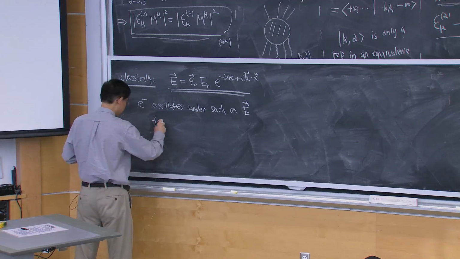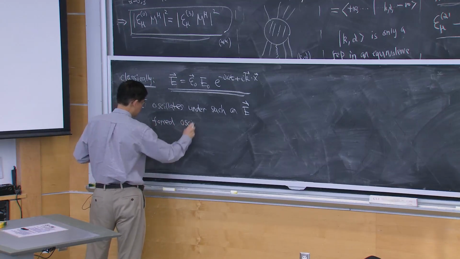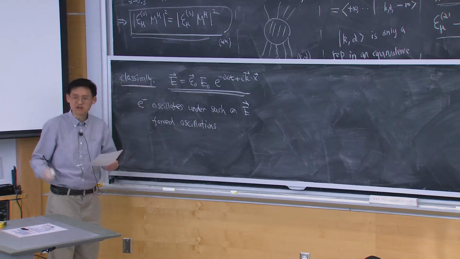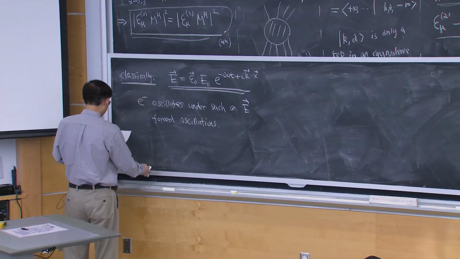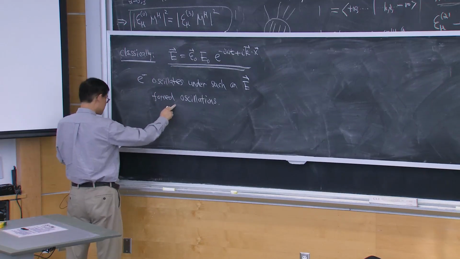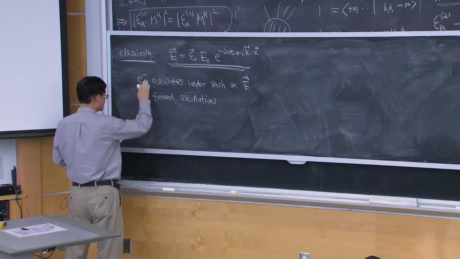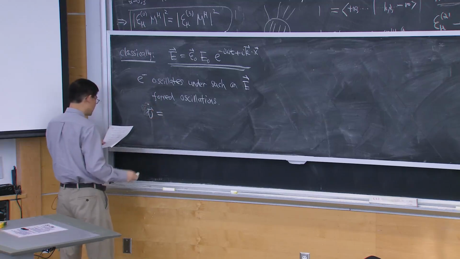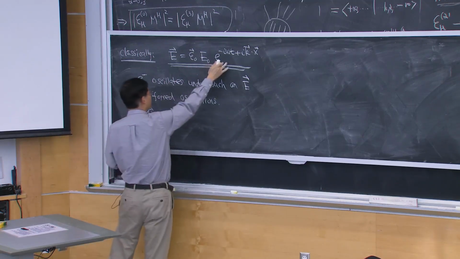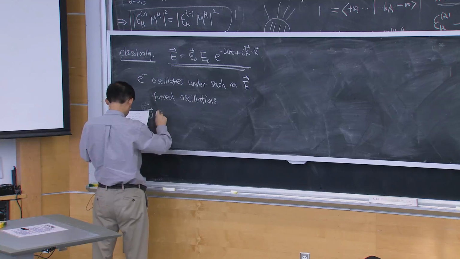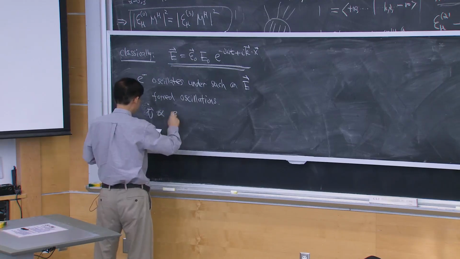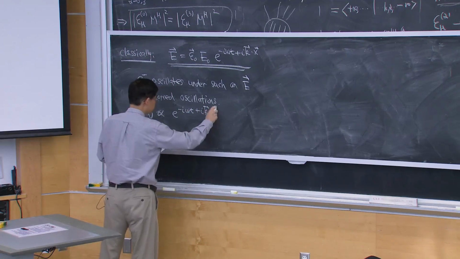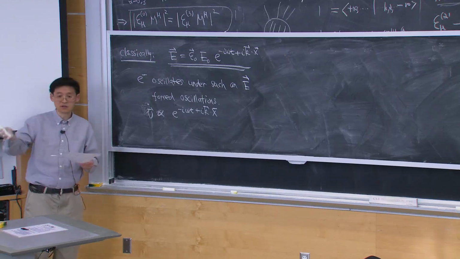You should have learned in 8.03 that under forced oscillation, the electron will have an acceleration proportional to the exponential of i omega t plus i kx. Essentially the forced acceleration looks like this.